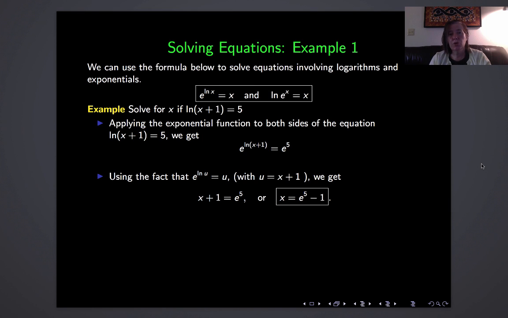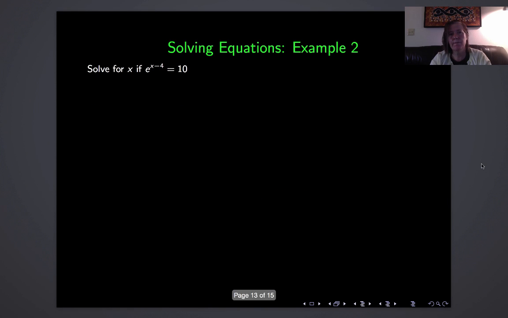And now, using our laws that say e to the natural log of something is that thing itself, we get x plus 1 on the left-hand side equals e to the 5 on the right-hand side, and then we can solve for x as e to the 5 minus 1. Of course, e to the 5 is an actual number, so we've completely solved for x here. In the same way, if we have an equation that looks like this and we'd like to solve for x, then we can apply the natural logarithm to both sides.